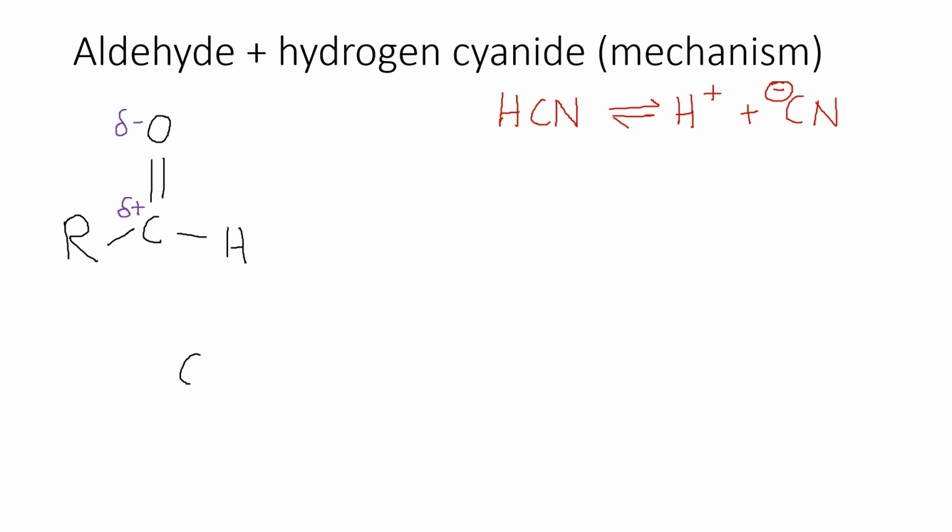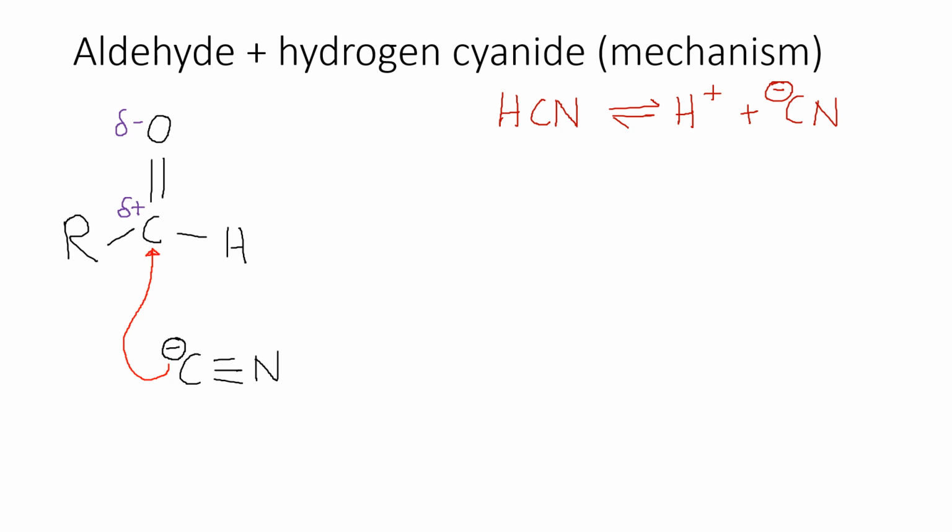So if I draw it out, C triple bond N, and we know that the negative charge is on the carbon. And the reason that we know that the negative charge is on the carbon is because it forms a new carbon-to-carbon bond. So your first curly arrow goes from the negative carbon to the delta positive carbon.